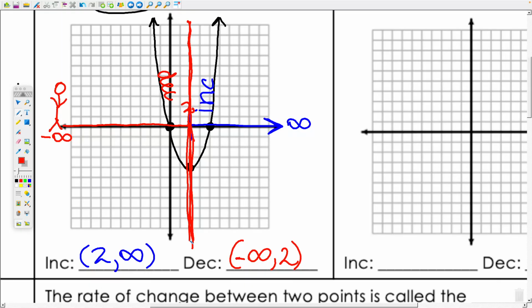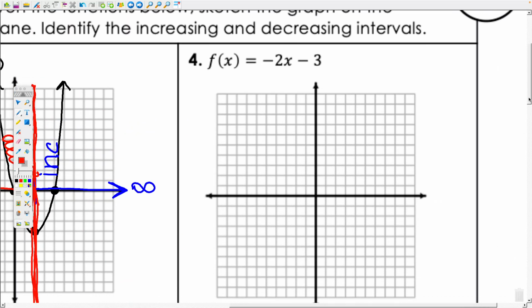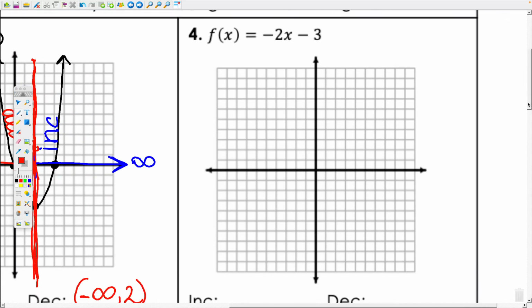All right. The next one, I love it, y'all are typing this in. Did anybody choose to just graph it by doing the slope and the y-intercept? Nobody? Okay, well, then I guess I'll do like y'all. I'll type it in too.